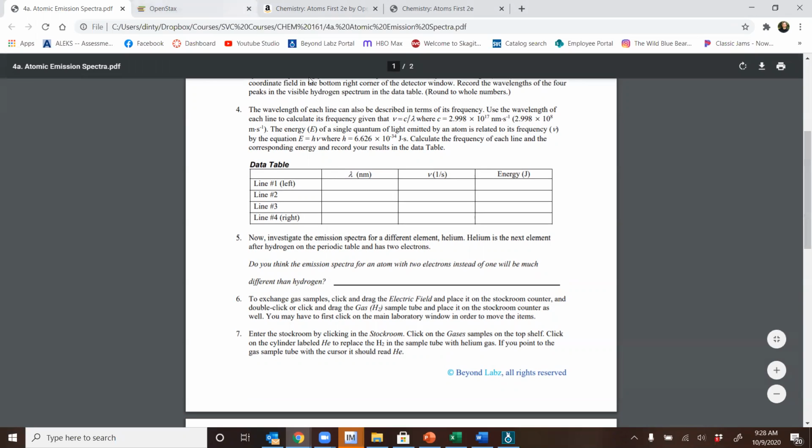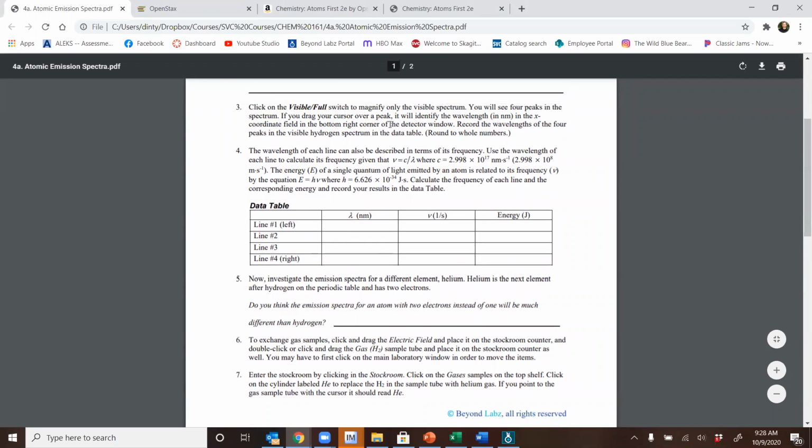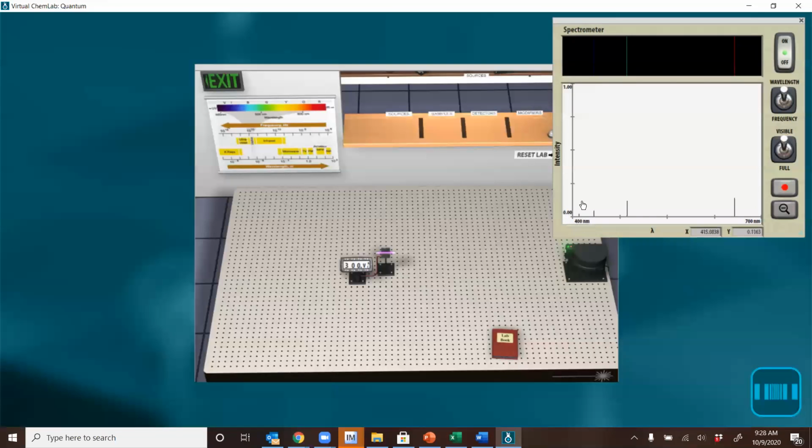If you drag your cursor over one of the peaks in the graph, it will tell you what the wavelength in nanometers is of that peak.